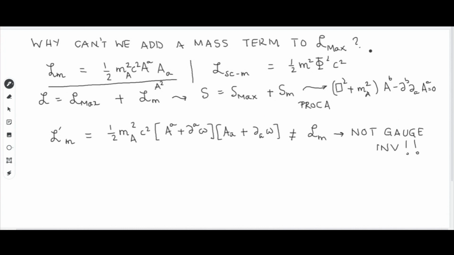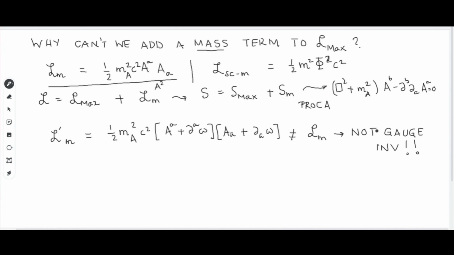If you write a higher power of A, that is not a mass term. That may be some self-interaction term, like a phi to the fourth term. That's a self-interaction term. We are not interested in that. We are asking about a mass term. And a mass term is precluded in the Maxwell theory by gauge invariance. This is very deep. So you can't write down anything for the Maxwell action.